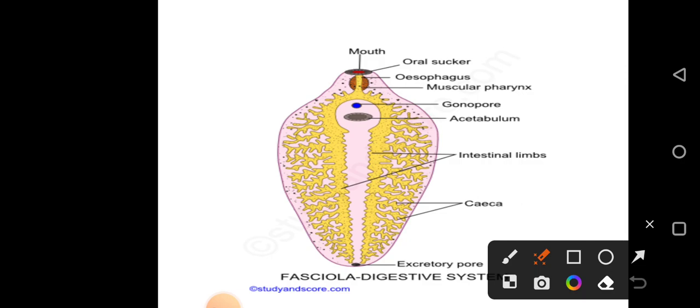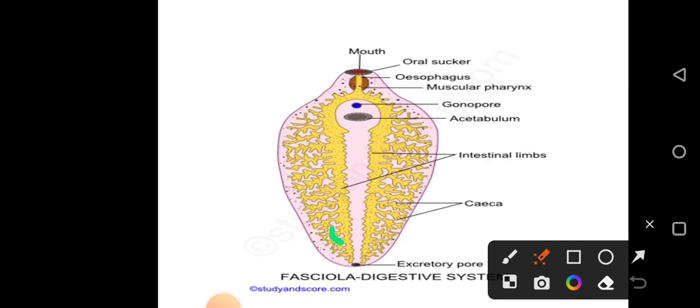Then next is the esophagus. The esophagus is lined by a single layer of epithelial cells and it in turn opens into the large intestine. Then next is the intestine. The intestine has numerous branches, both on the right and left side.